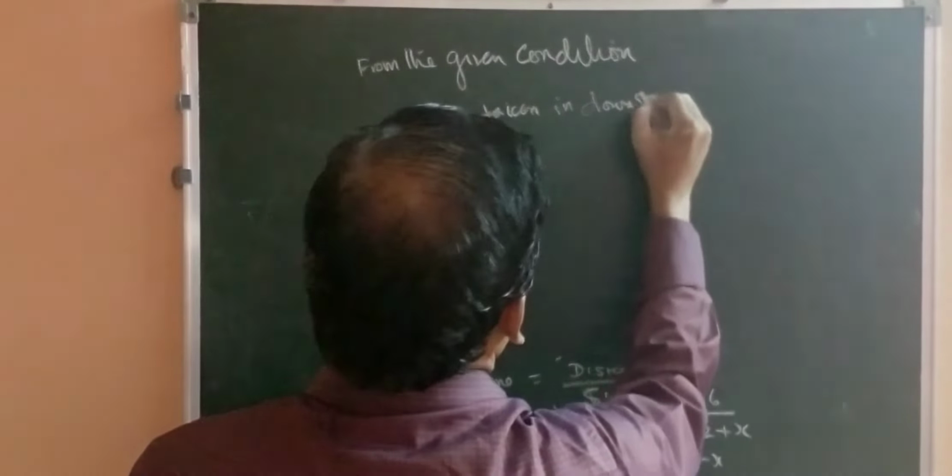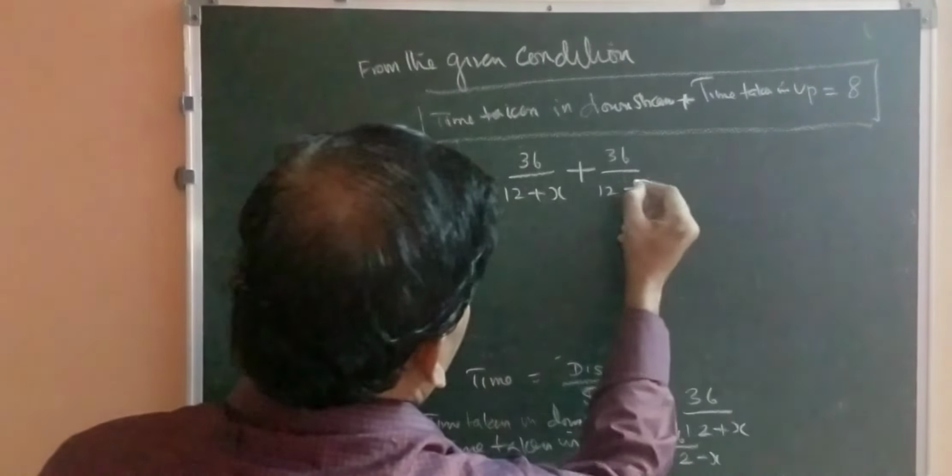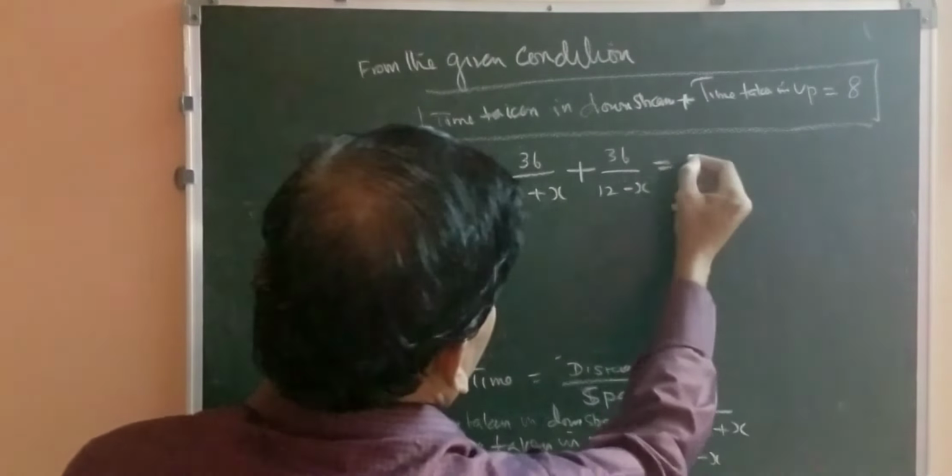So 36 upon 12 plus x plus 36 upon 12 minus x equals 8. Followed or not? I think you have followed. Now we have to simplify. We feel it a little difficult, but it's not difficult. What is common here? 36. We will take it out.